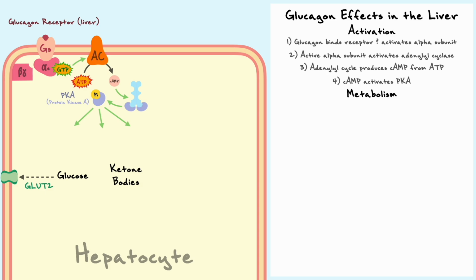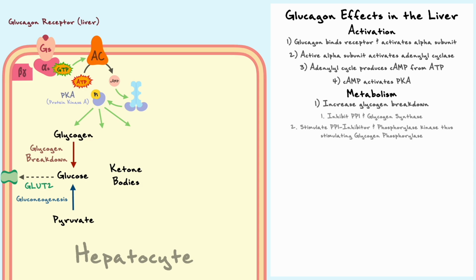If we first consider the glucose side, it can be made by two general pathways: the degradation of glycogen or via gluconeogenesis. In the context of glycogen, PKA acts on four targets. It stimulates the PP1 inhibitor as well as the phosphorylase kinase, and it inhibits PP1 and glycogen synthase. Altogether, these regulations favor the breakdown of glycogen to get back some glucose.